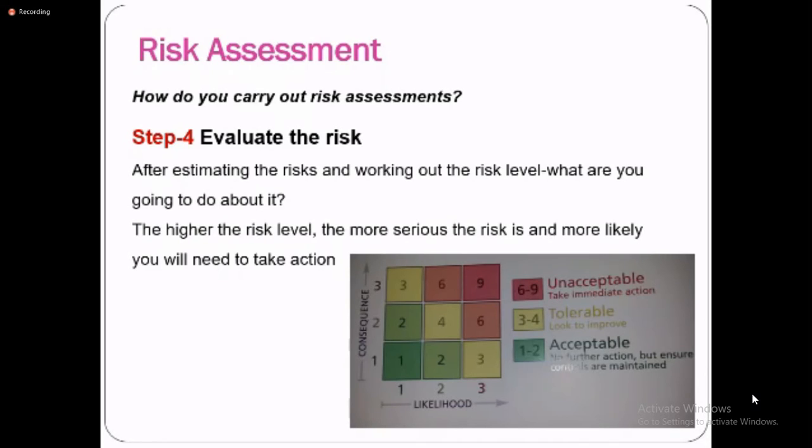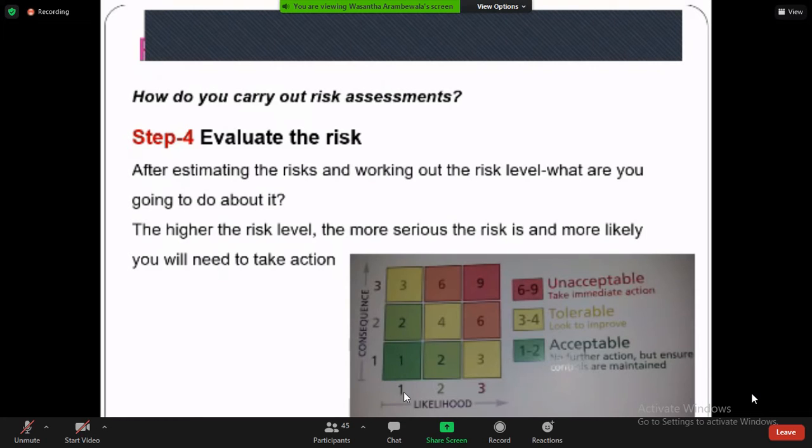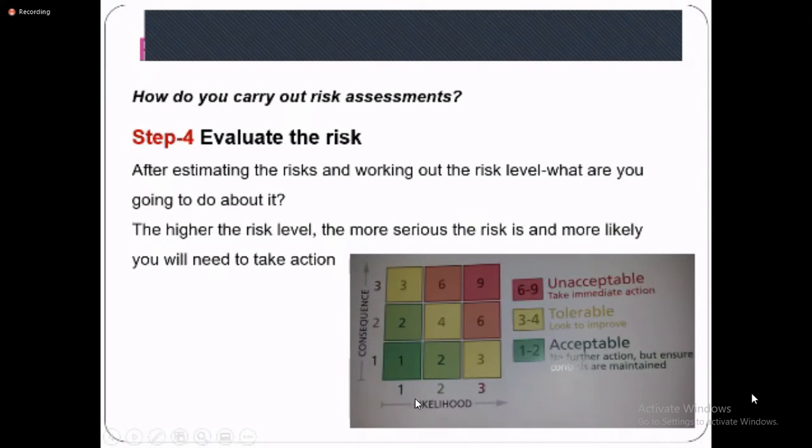Now you can see this is called a 3x3 matrix. For example, for likelihood they will give a measure of 3 levels, 1, 2, 3, and consequence also they give 3 levels, 1, 2, 3. That's what we call a 3x3 matrix.